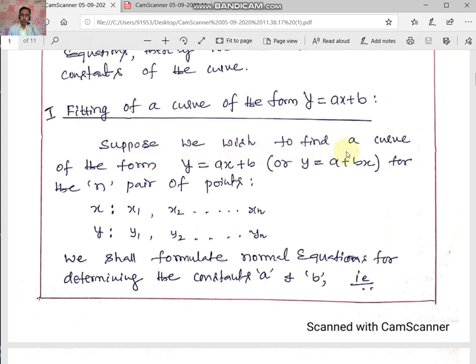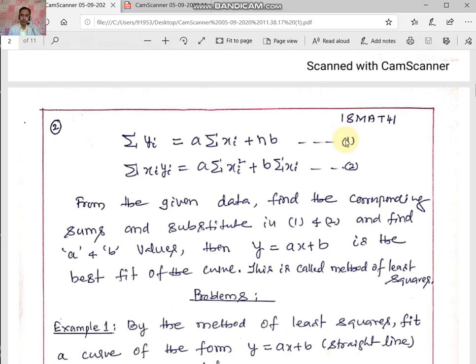Suppose we wish to find a curve of the form y is equal to ax plus b for n pairs of points. X points are x1, x2, and so on up to xn, and y points are y1, y2, and so on up to yn. We shall formulate normal equations for determining the constants a and b of the equation y is equal to ax plus b.